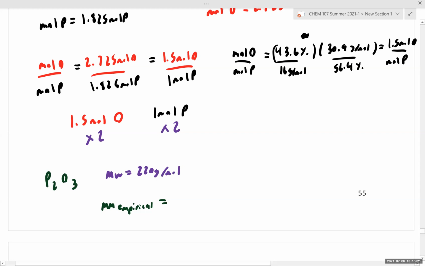Exactly right. So we have 30.9 grams per mole for phosphorus times 2 plus 16 grams per mole for oxygen times 3. So we have 30.9 times 2 plus 16 times 3. That gives us 110 grams per mole.